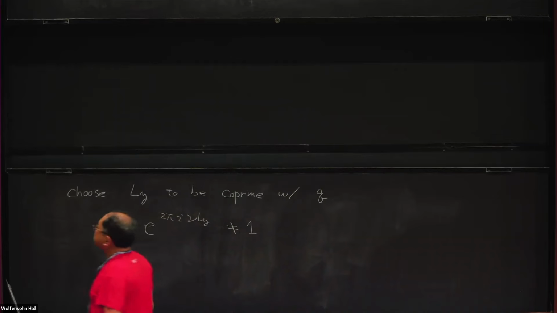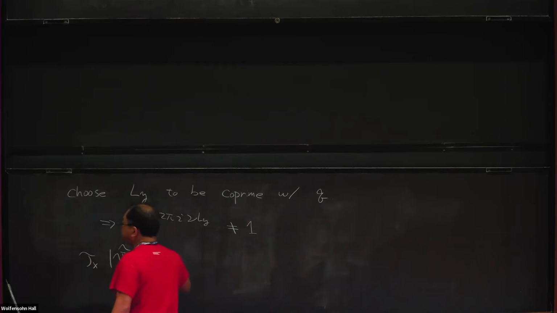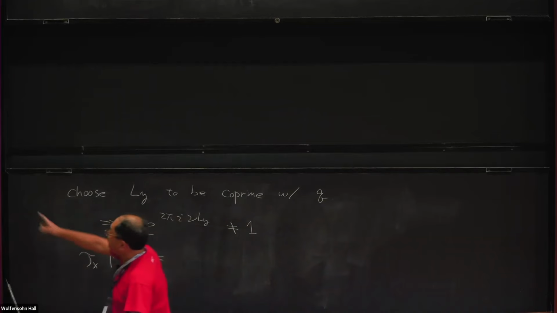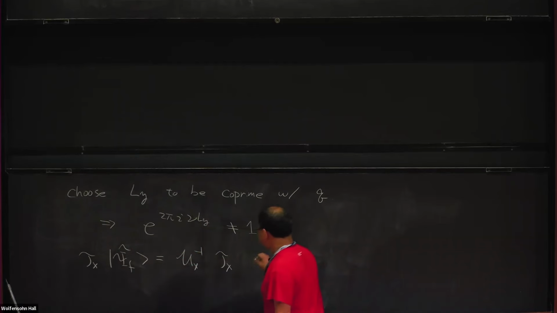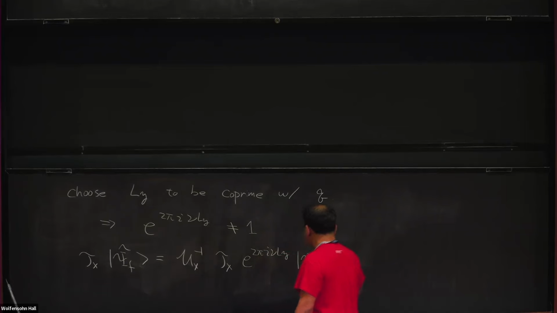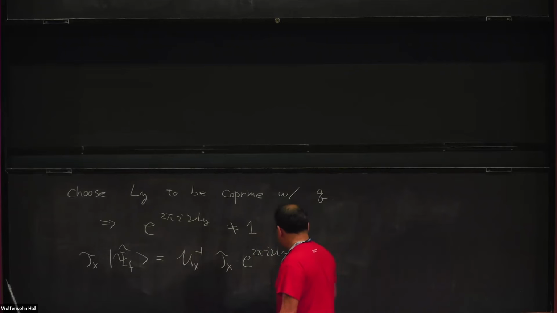So in this case, what happens is that Tx times psi f tilde is Ux inverse times Tx times this phase factor, but times psi f, not psi f tilde. And so this is just a number, so you can move it forward.